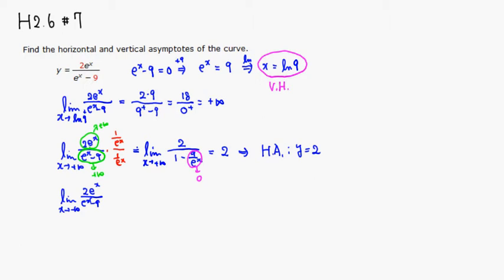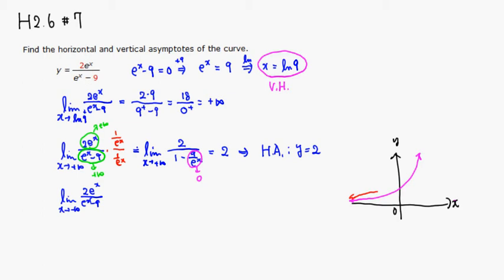All right. Then if you look at the negative infinity one, e to the x as x approaches negative infinity, remember that the graph of e to the x looks like this. As x approaches negative infinity, you can see that the graph is getting closer to the x-axis, which is y equals 0.